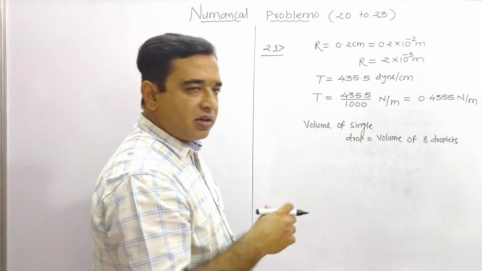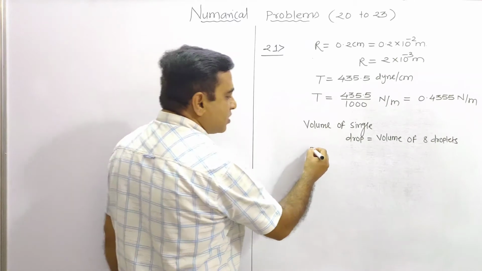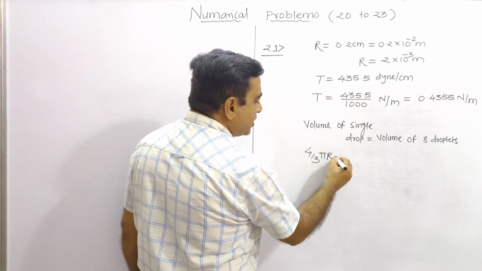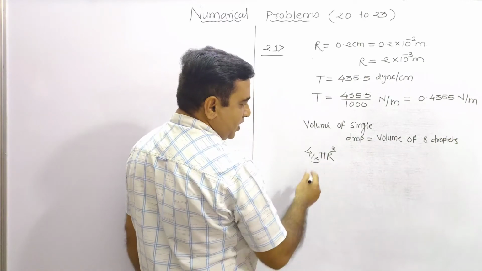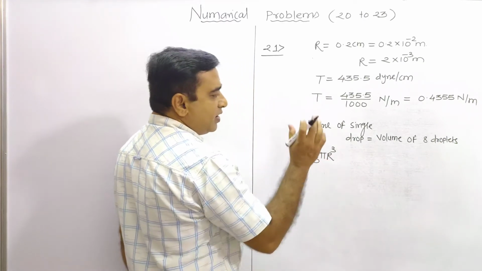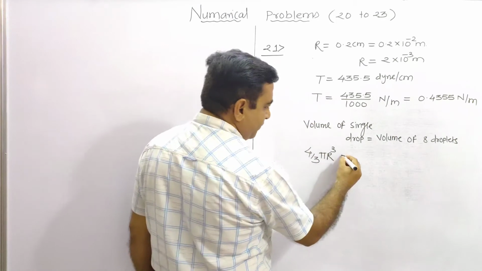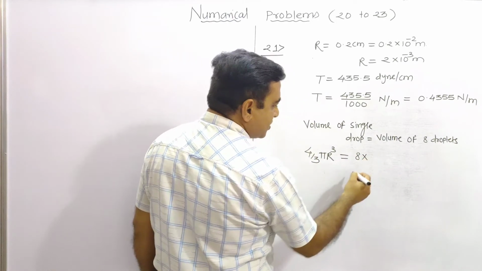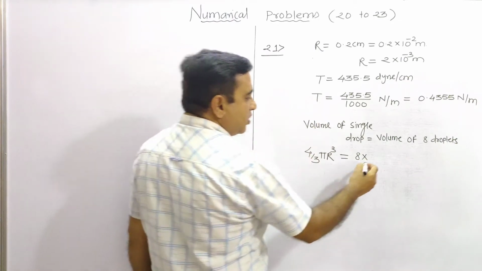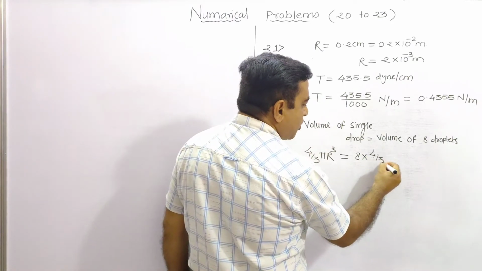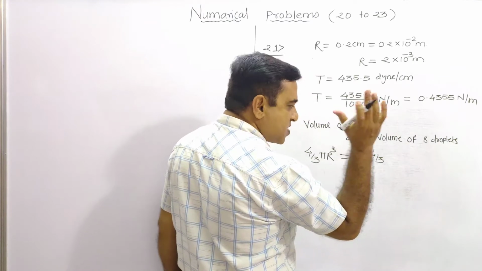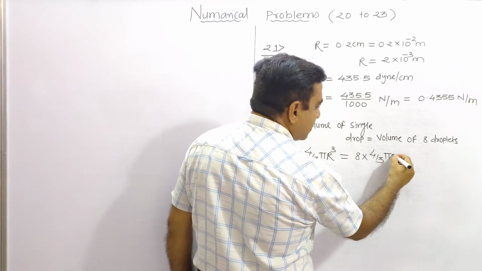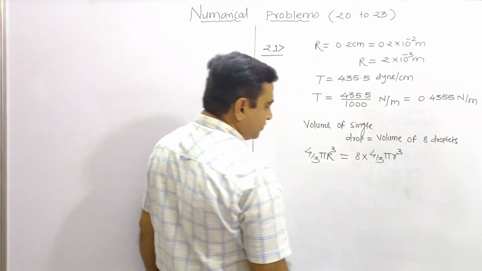We know very well, in theory we saw that. So 4 by 3 pi R cube is the volume of a single big drop, which is equal to 8 such droplets into 4 by 3 pi small r cube, the volume of a small sphere.